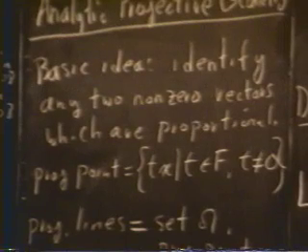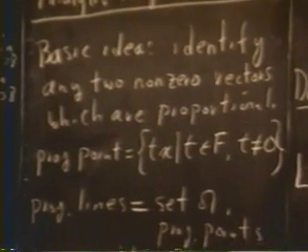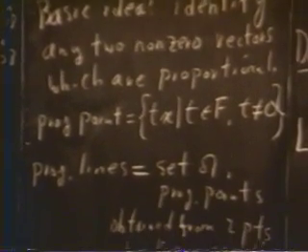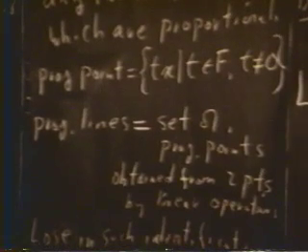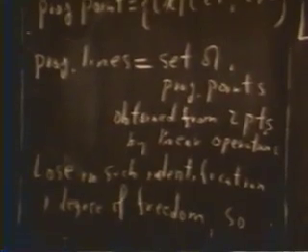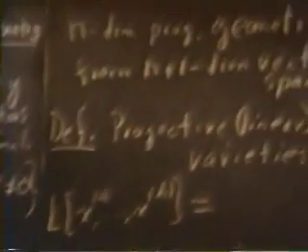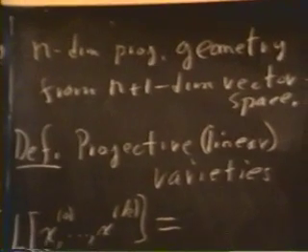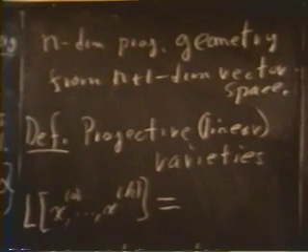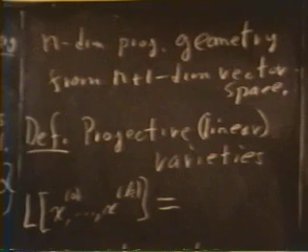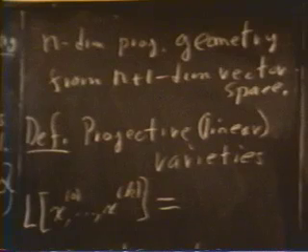A projective line is then a set of projective points obtained from two distinct projective points by linear operations. In such an identification, we lose one degree of freedom, so that an n-dimensional projective geometry is obtained from an n+1 dimensional vector space. In the next lecture, we shall go back over these very same basic ideas from a qualitative standpoint.